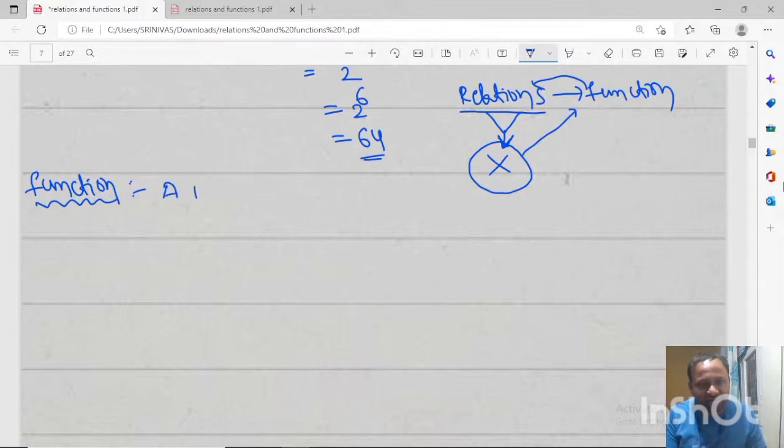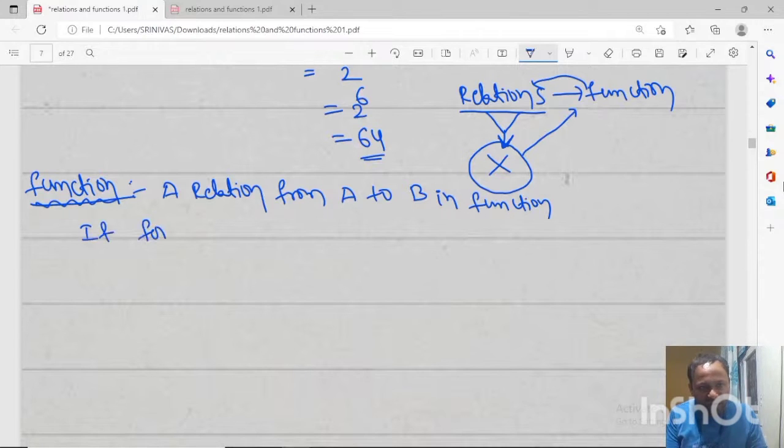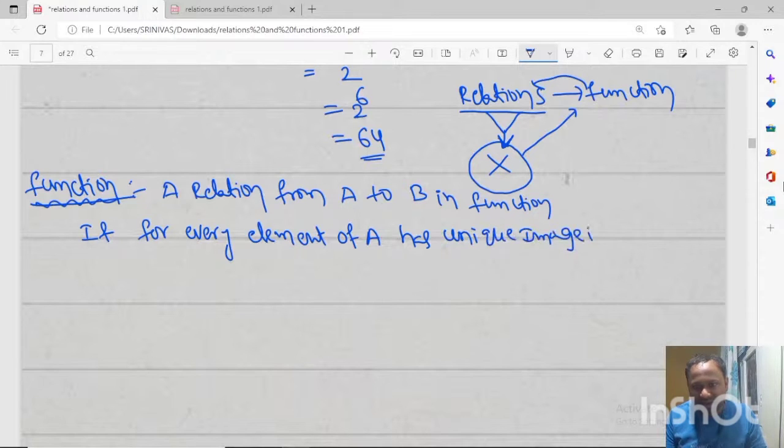A relation from a set capital A to set B is called a function if every element of A has a unique image in B. This is the condition.